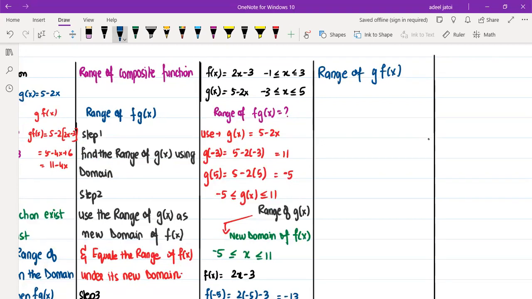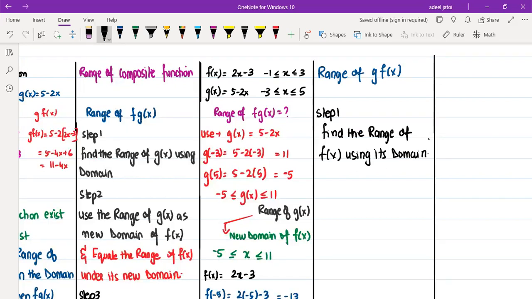So for the range of g(f(x)), your step 1, find the range of f(x) using its domain.